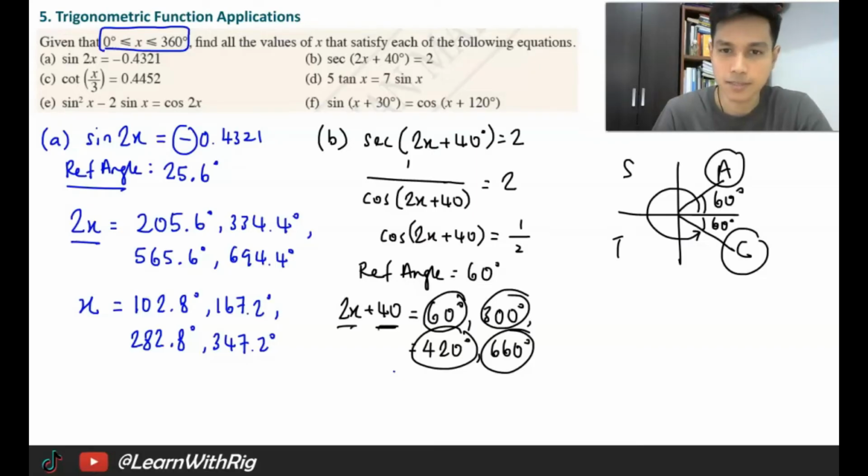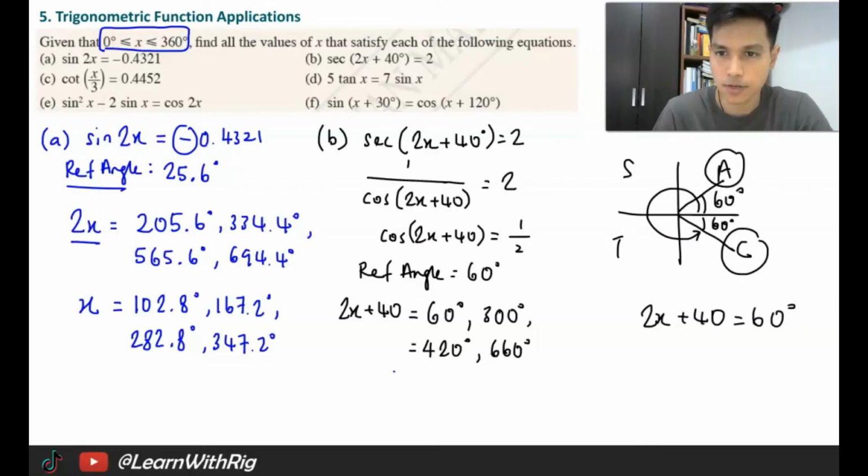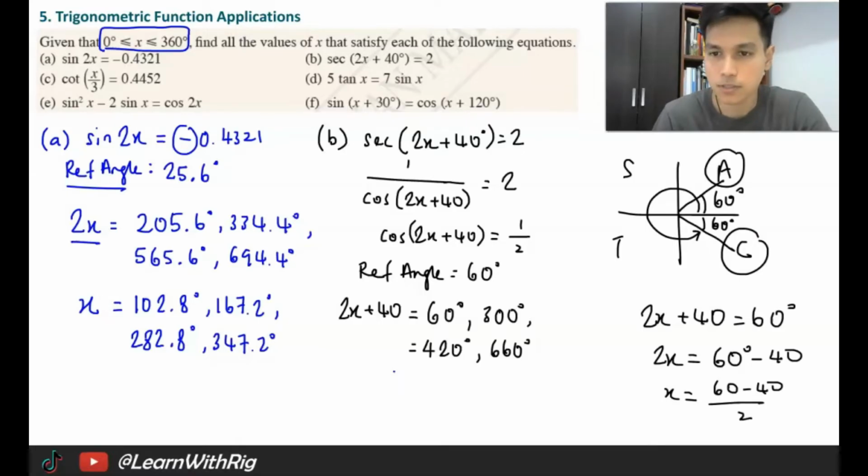Something like this: 2x plus 40 equals to 60, I just take one example first. To find 2x, you take 60 minus 40, and then to find x, you take 60 minus 40 divided by 2. Correct? So you must do this concept for all of these to find the answer for x.